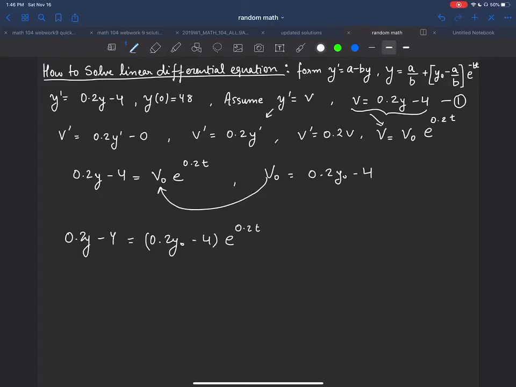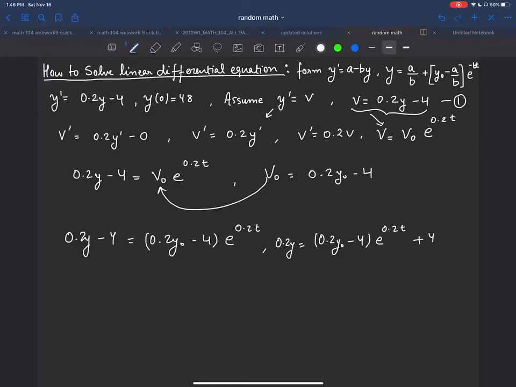Now from this, when you isolate for y, what are you going to get? We'll move the 4 to the right side. So you're going to have 0.2 y naught minus 4 times e to the power 0.2t plus 4. This should equal 0.2y.